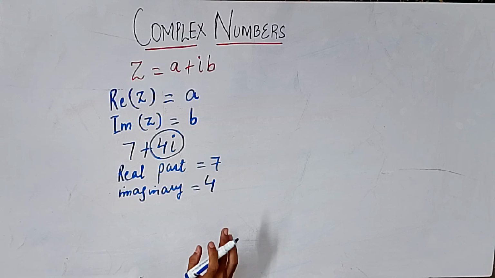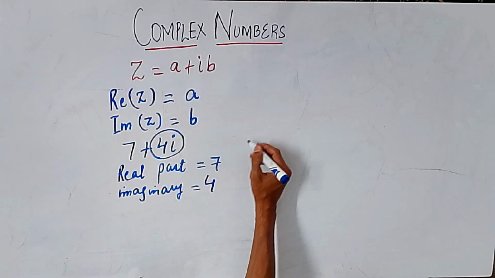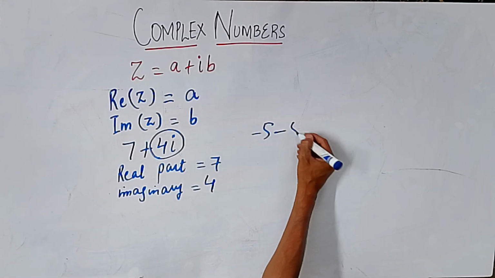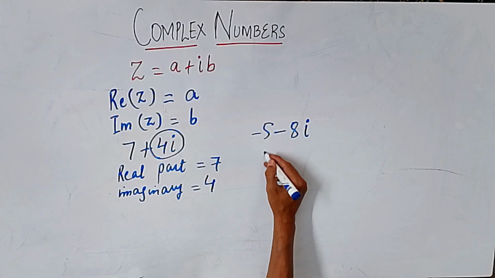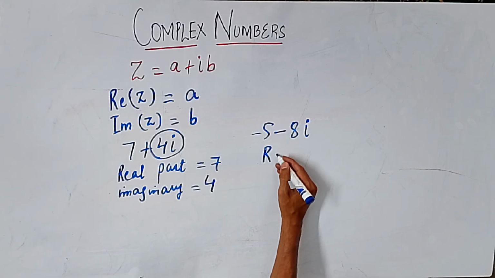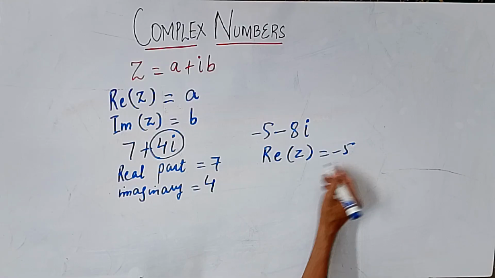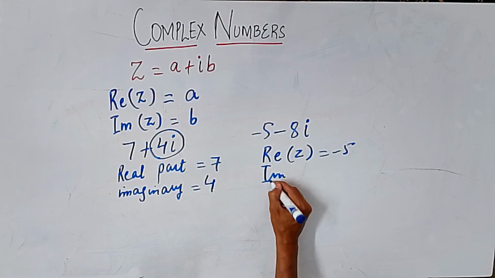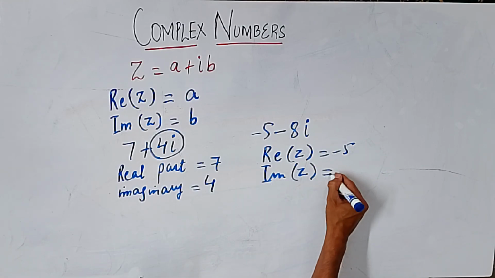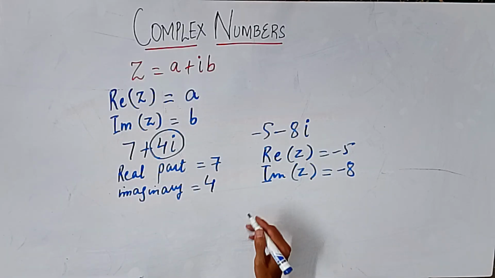This is a misconception, this is a mistake. For example, you have a number minus 5 minus 8 iota. The real part of this complex number is minus 5, and the imaginary part of this complex number is minus 8.